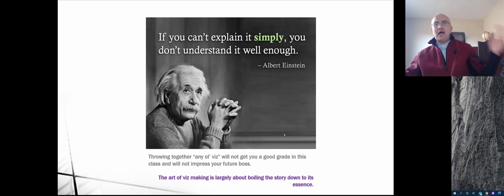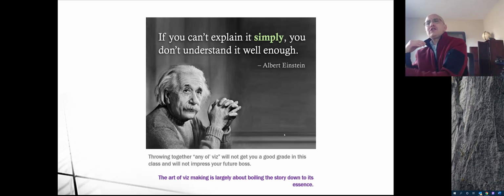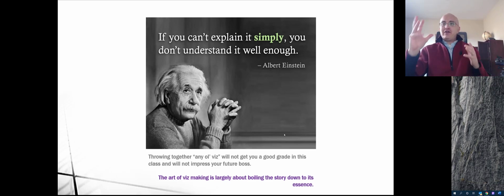So it's kind of like this balance. On one hand, you don't want your visualization to be trivial and uninteresting. It can't be too simple. On the flip side, you don't want it so complex that we can't see the story in the visualization. And so you want to have this visualization that is very simple but tells a complex story.